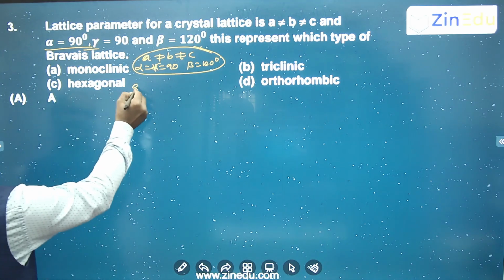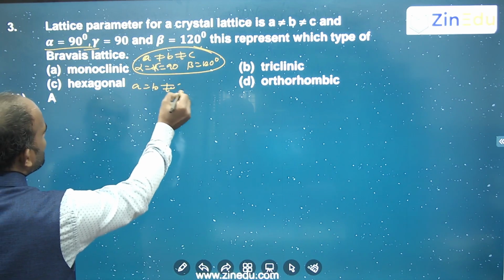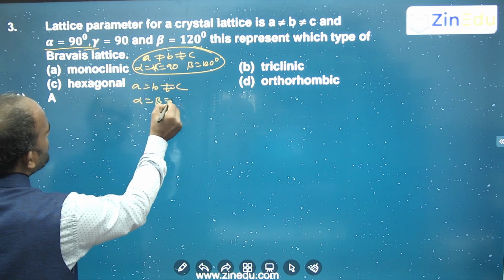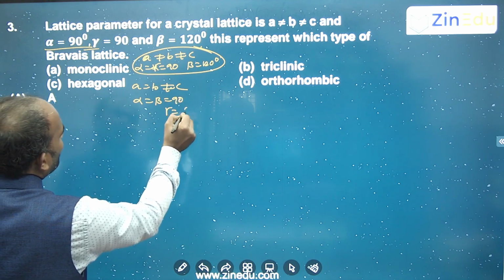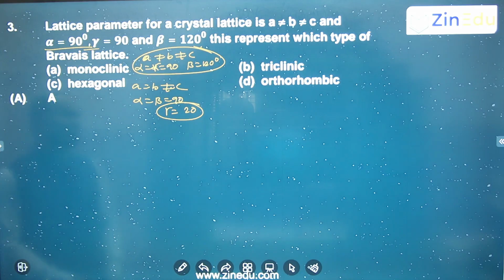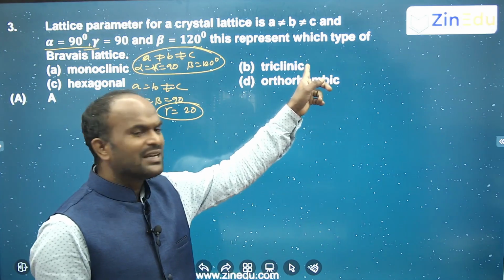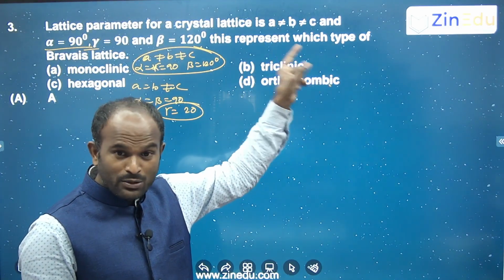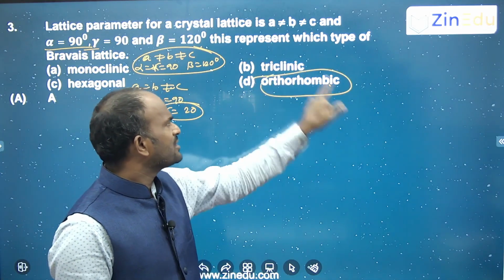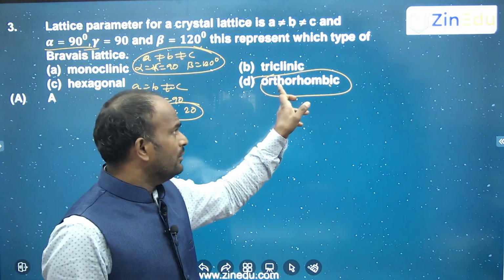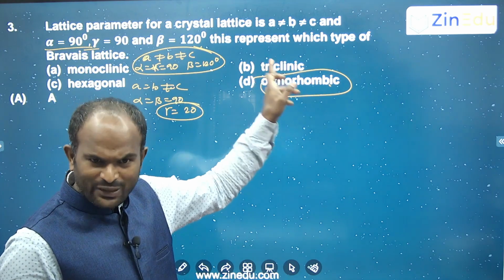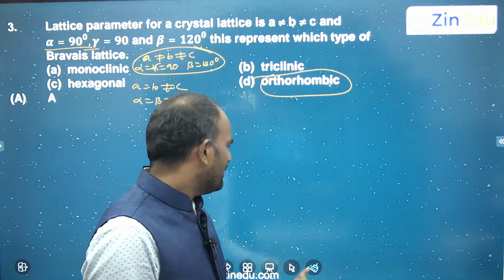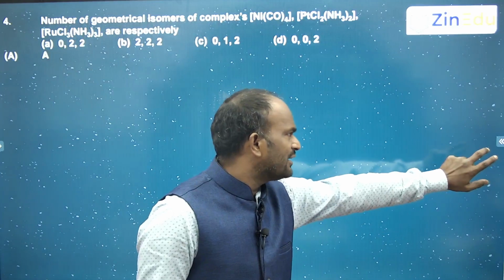Hexagonal is a equal to b not equal to c, alpha equal to beta equal to 90, gamma equal to 120. This is going to be hexagonal. When it comes to triclinic, a not equal to b not equal to c, and alpha not equal to beta not equal to gamma not equal to 90. Orthorhombic: alpha equal to beta equal to gamma equal to 90, a not equal to b not equal to c. Okay. So this is absolutely there in our NCERT textbook.